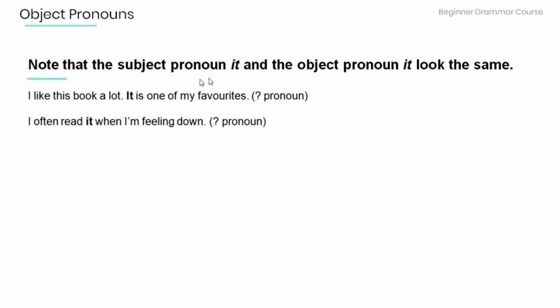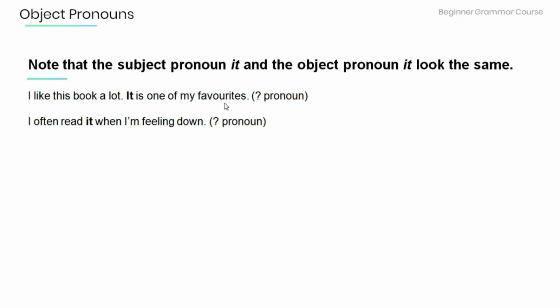Note that the subject pronoun it and the object pronoun it look the same. Have a look at the sentences below. In which sentence is the pronoun it a subject pronoun? And in which sentence is the pronoun it an object pronoun? I like this book a lot.